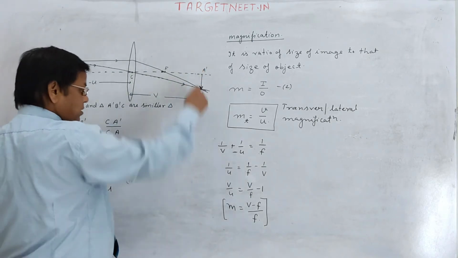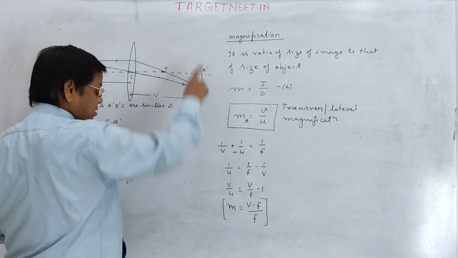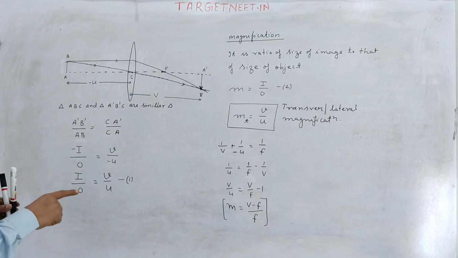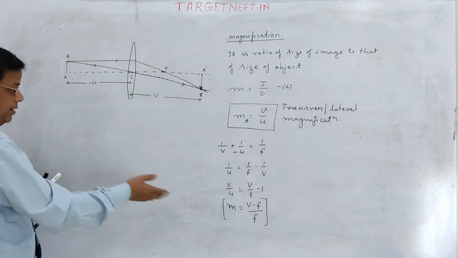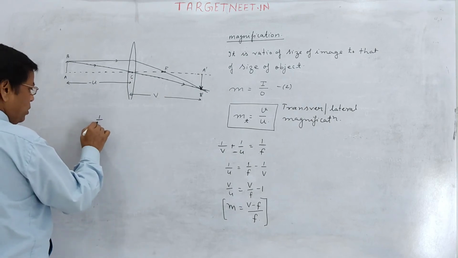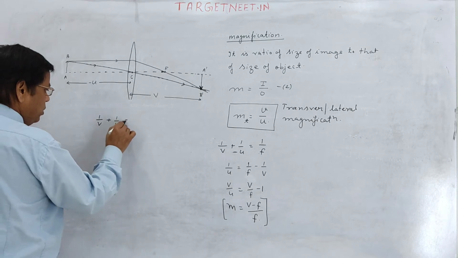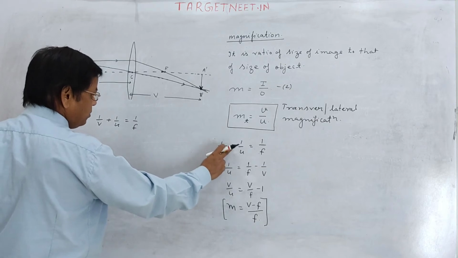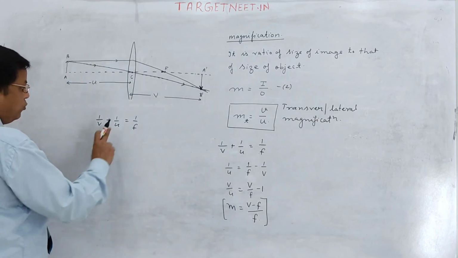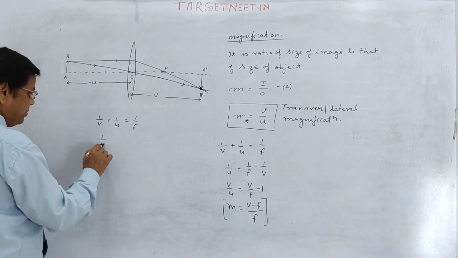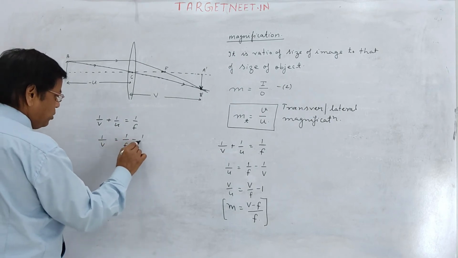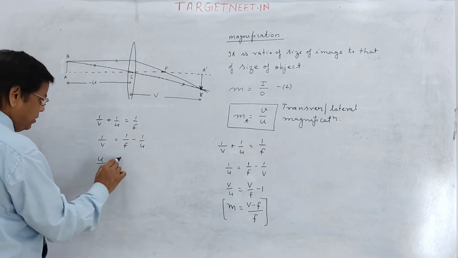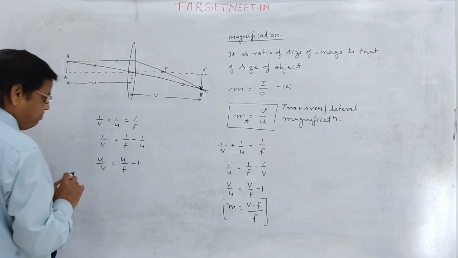This is another way to write magnification, and here you have to take the sign of M. If the image is inverted, then this is negative. If the image is erect, then it is positive. So whenever you are going to use this formula, you have to take the sign of M. You may write it like this also: 1 upon V plus 1 upon U is 1 upon F. I am writing this step because U is negative, so this negative becomes positive. If I move 1 upon U on this side, it is 1 upon F minus 1 upon U. If I multiply U, so U upon V is U upon F minus 1.